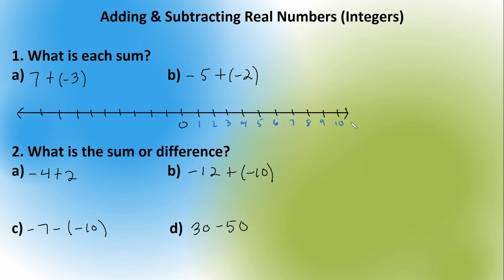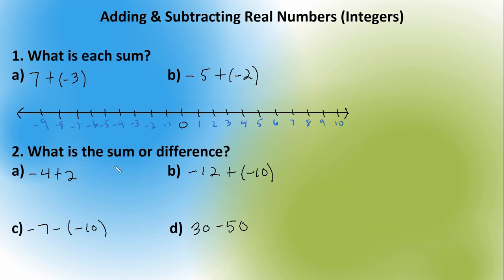Let's go ahead and throw 10 in here as well. And now let's start working on the negative side of this number line. It's kind of symmetrical, right? So of course on the other side here, we're going to have -1, -2, -3, -4, -5, -6, -7, -8, -9, and that should be plenty.